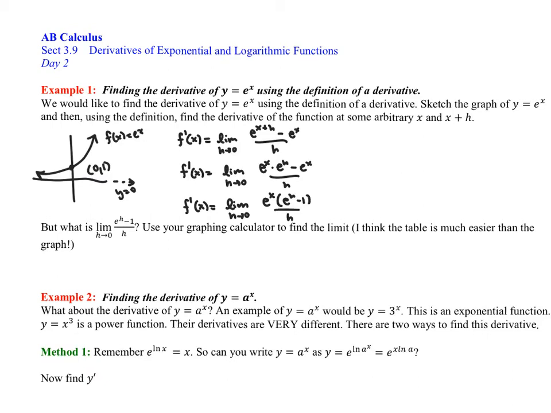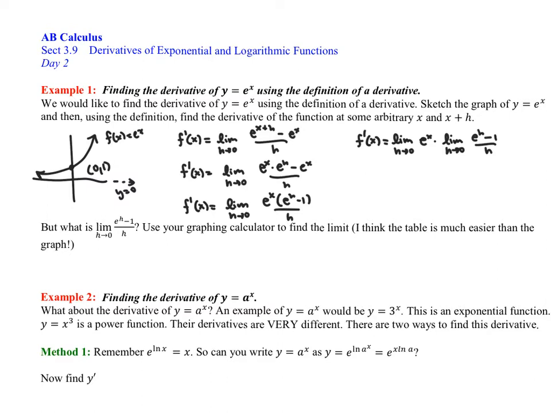So f prime of x is equal to the limit as h goes to 0 of e to the x times the limit as h goes to 0 of e to the h minus 1 over h.